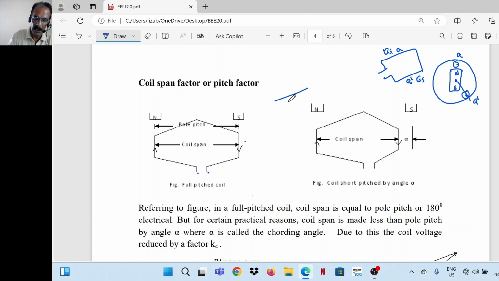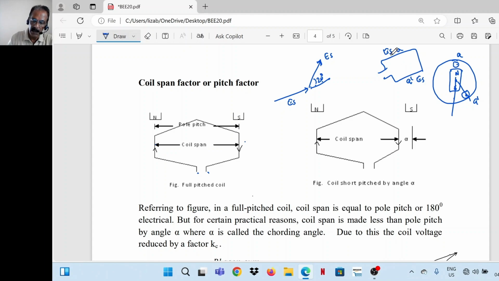So in this case, assume it is less by 20 degrees. That means the angle between this point and this point is 20 degrees. Then the EMFs in these two coil sides will not be directly opposite but with an angular difference.